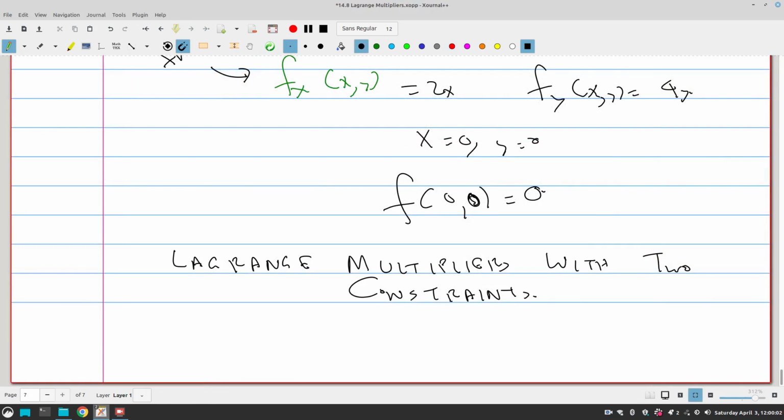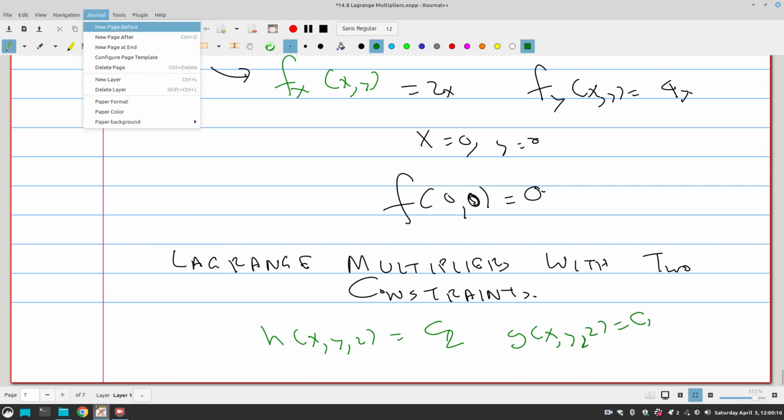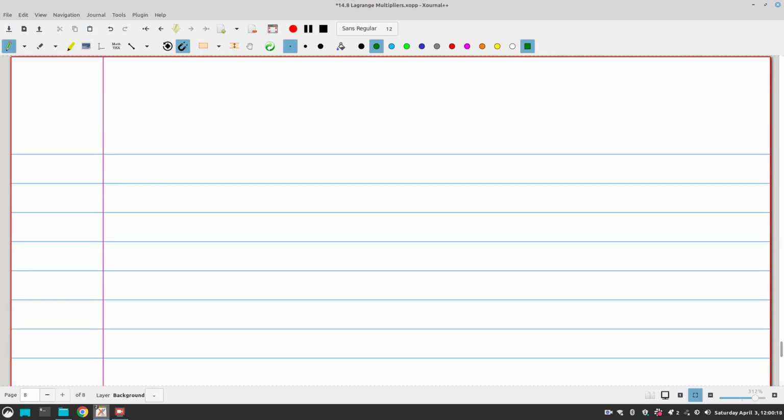So if we have two constraints, g of x, y, z equals c1 and h of x, y, z equals c2, then you must have delta f equals lambda delta g plus mu delta h.